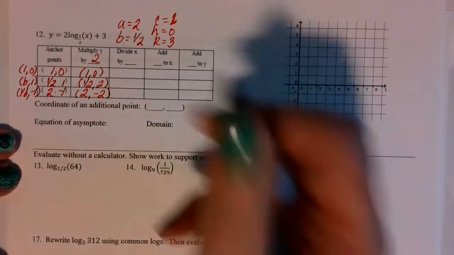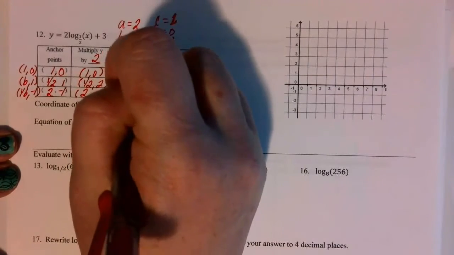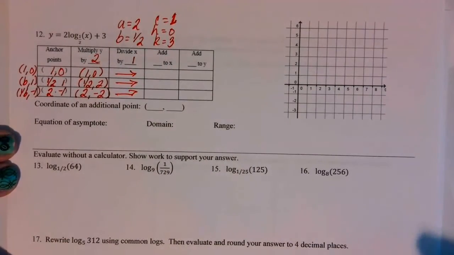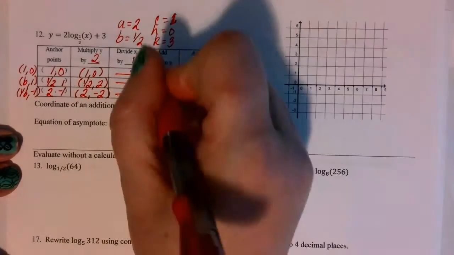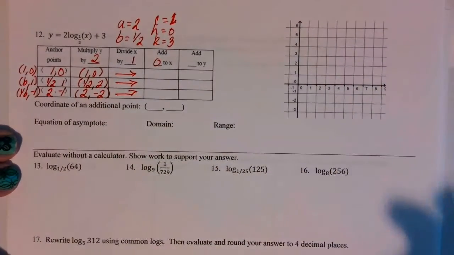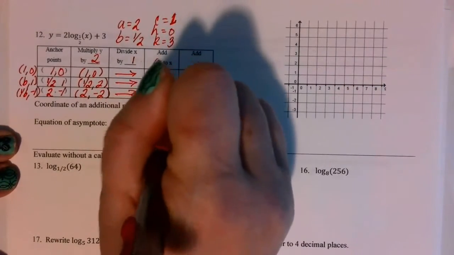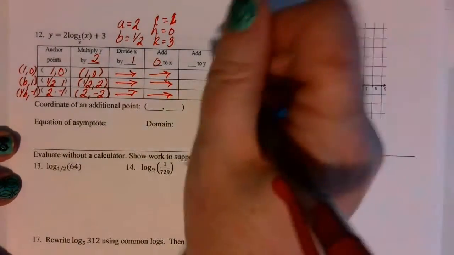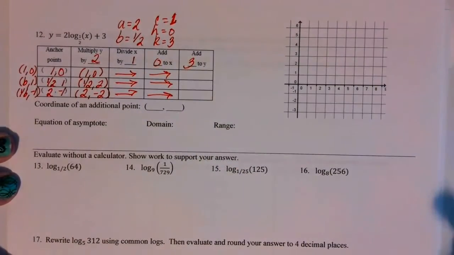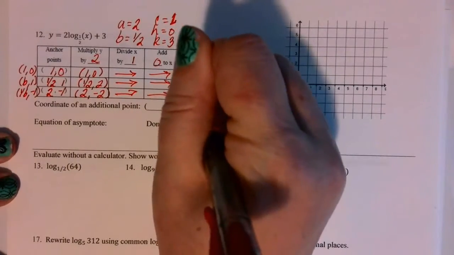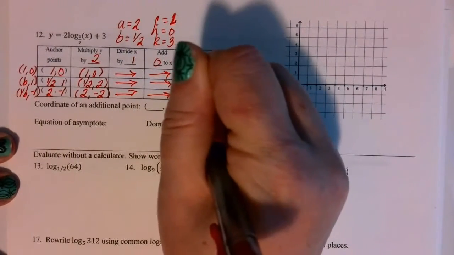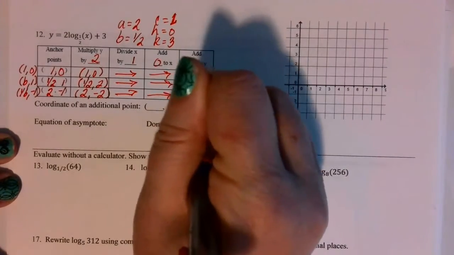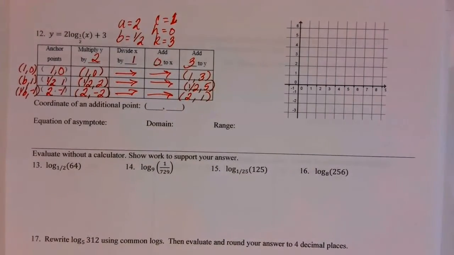Okay, dividing each of the x's by 1 is going to keep those values all the same, so we just slide them across. Then we're going to add 0 to each of those x values, which won't change them, so we'll just slide across. And then that vertical translation of 3 adds 3 to each of the y values, so we'll have 1, comma 3, 1/2, comma 5, and 2, comma 1.